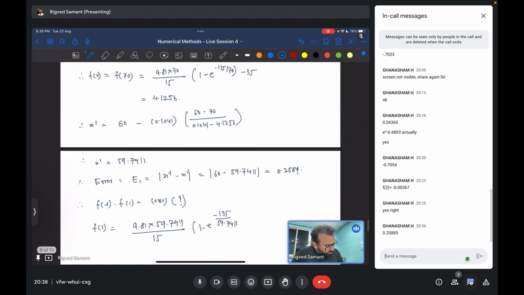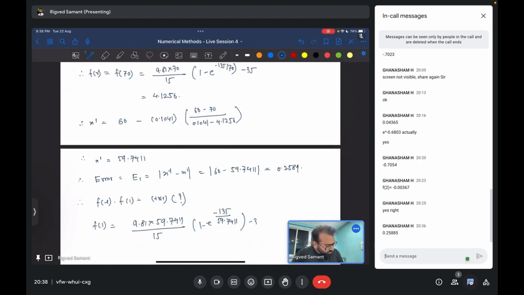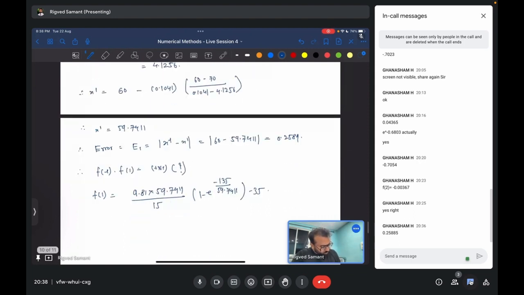So we are putting back into this function and getting its value.